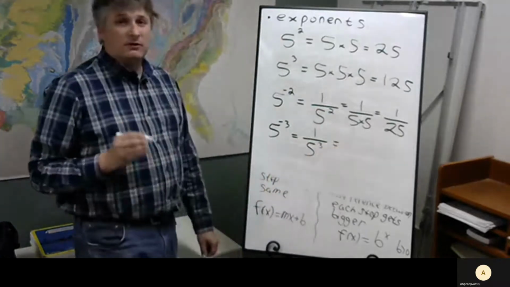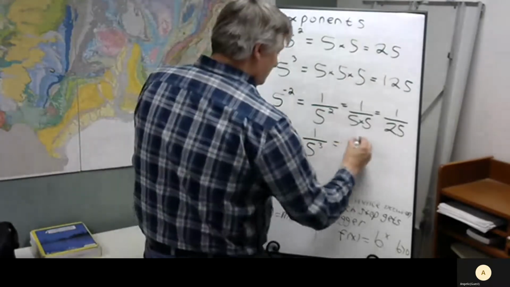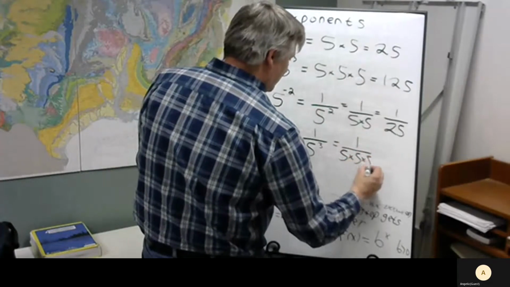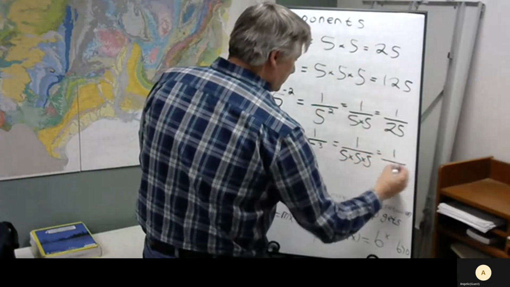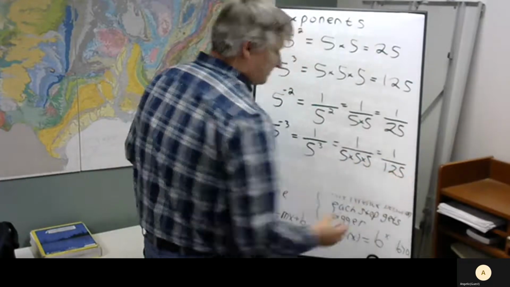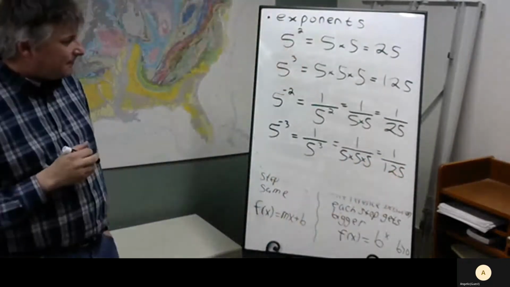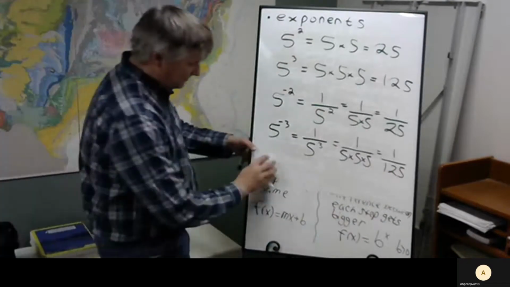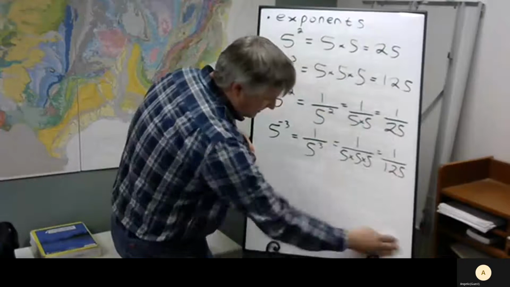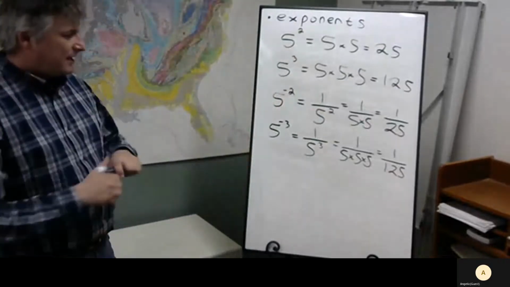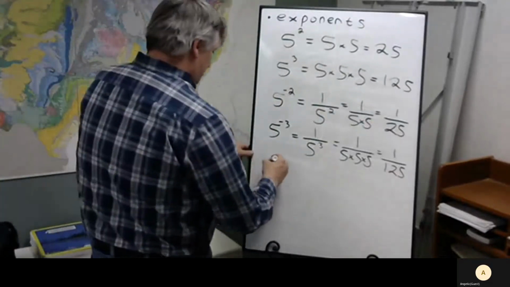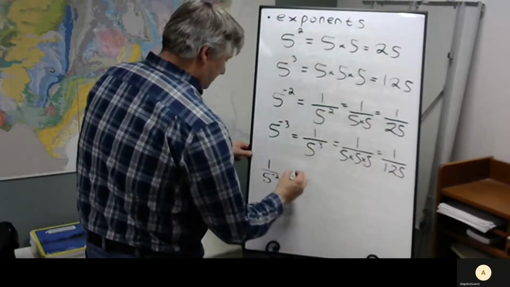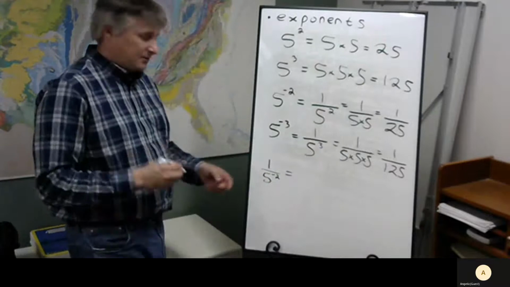That's 1 over 5 to 3. 5 times 5 times 5, or 1 over 125. So the negative means it's going to flip. Now, likewise, if you have 1 over a negative, we're going to flip this.